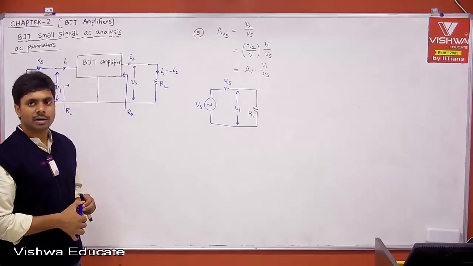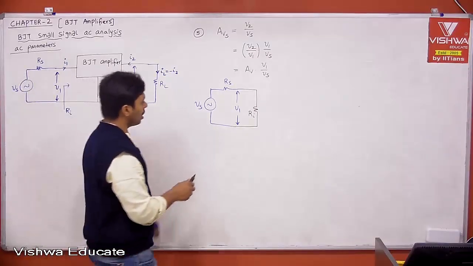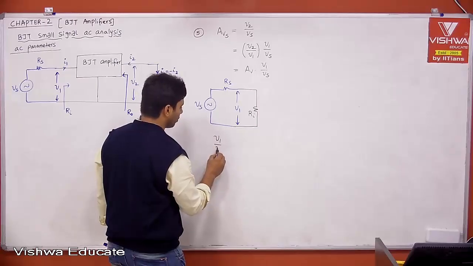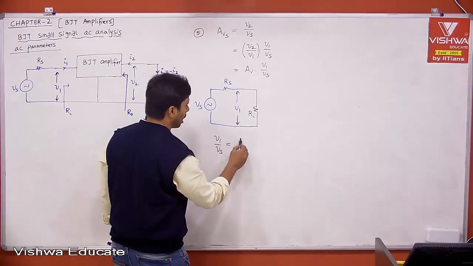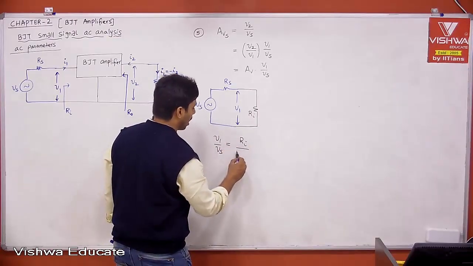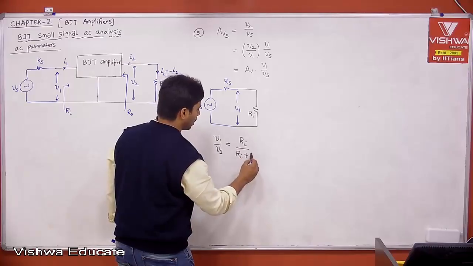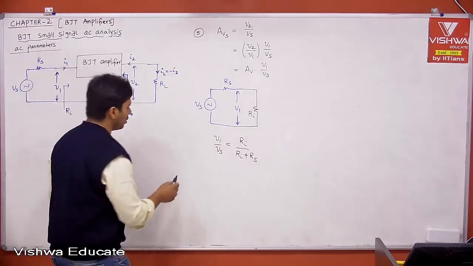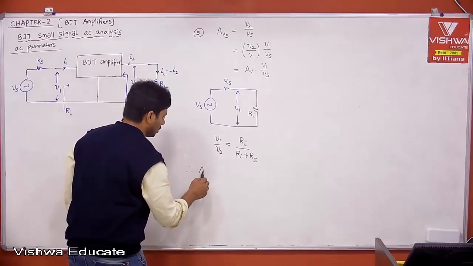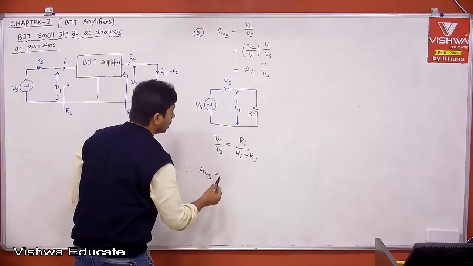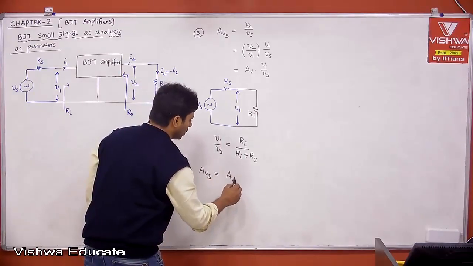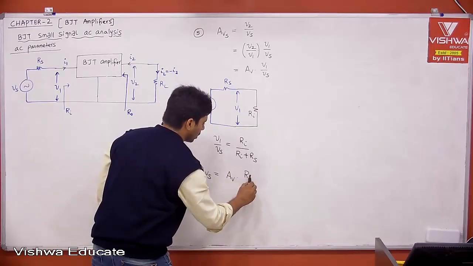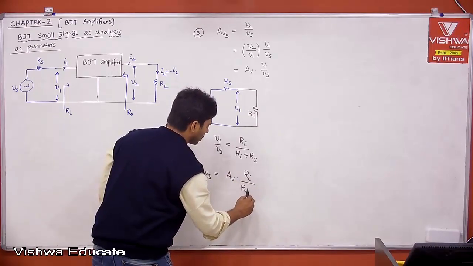It is nothing but a voltage divider network. Therefore, what is V1 by Vs? V1 by Vs is nothing but Ri divided by Ri plus Rs. Then what is your AVS? Therefore, AVS is equal to AV, the voltage gain, into Ri divided by Ri plus Rs.